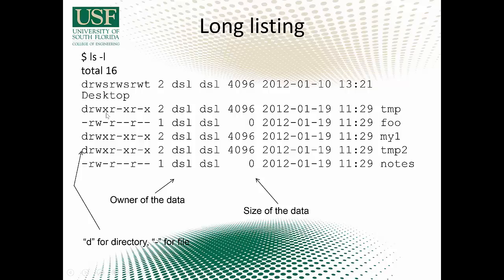In this case, it's a directory, because you can tell by the d, and the directory that we're specifying is temp. Whereas if we look at foo, we can see that it may be just a text file, and the owner can read and write to it, but everybody else only has read access. When we look at the directory listing, the size is specified by the number here, and also this is the owner information, so we know who the owner is. In this case it's DSL. When we don't have any attribute, in other words the attribute is disabled, there'll be a dash.